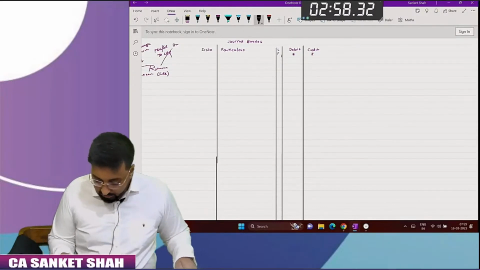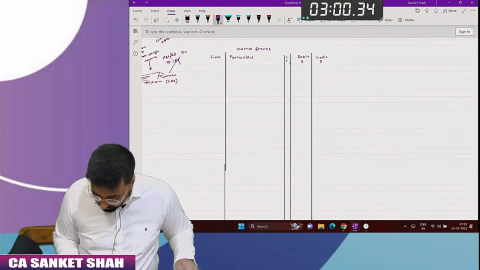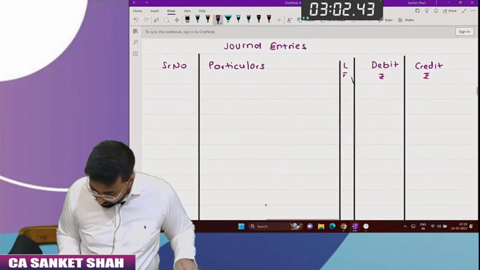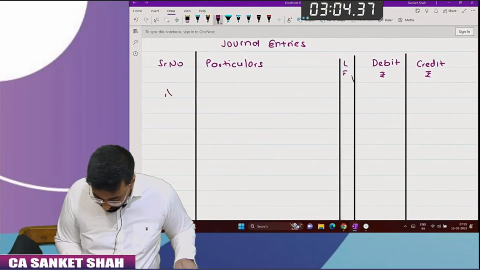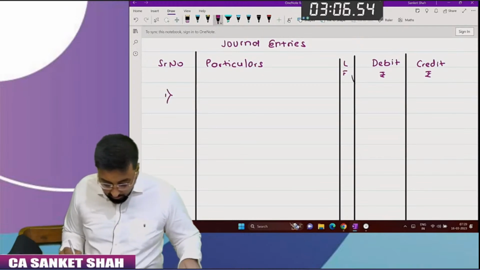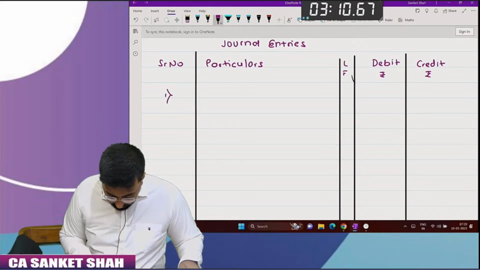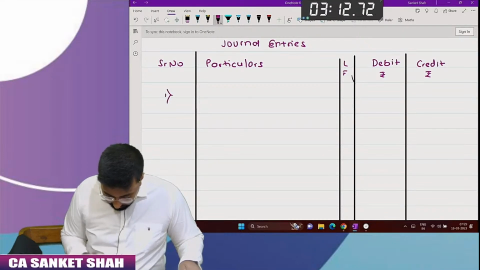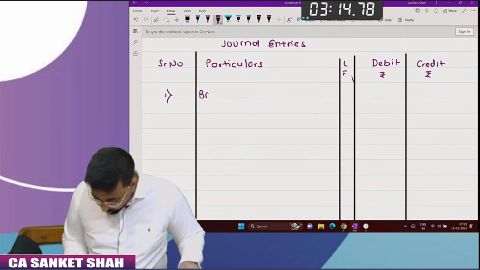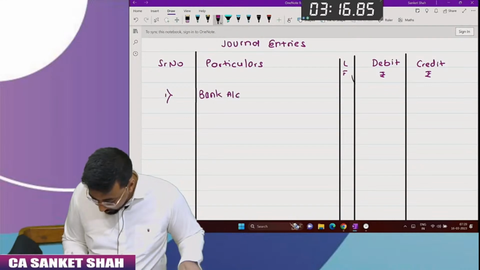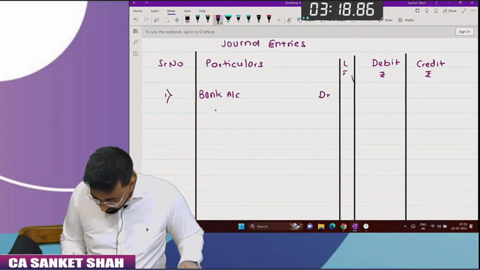Chalo, serial number 1. The first entry will be, beta: what is the first entry? Bank account debit. Bank account debit.